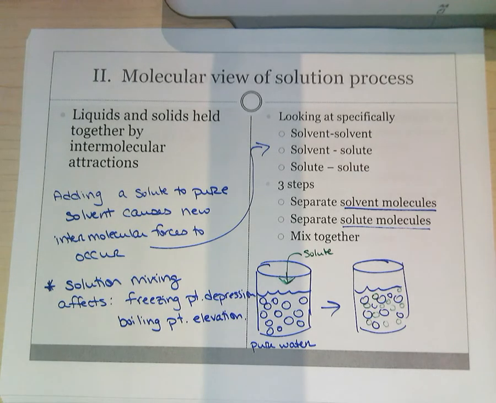So these are the labs you're going to do actually next week in your 109 lab. You're going to be looking at how does making a solution compared to a pure liquid change the depression of the freezing point or the elevation of the boiling point. So you'll see it in action.